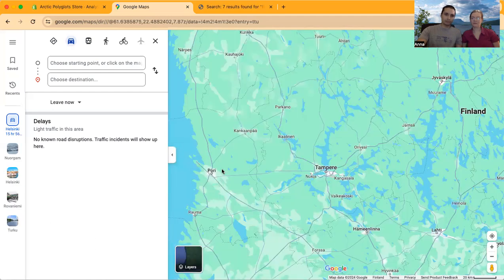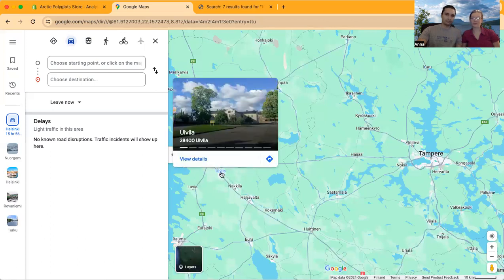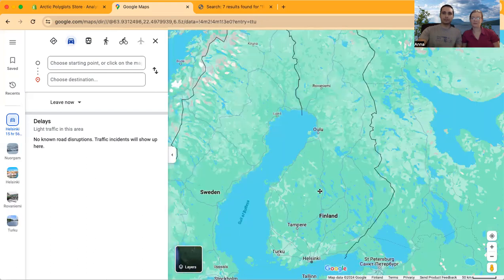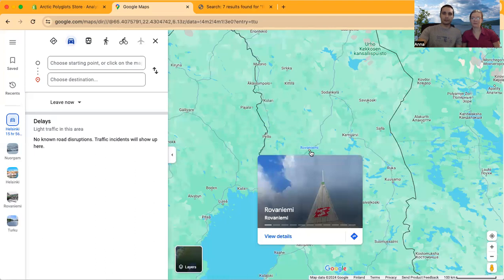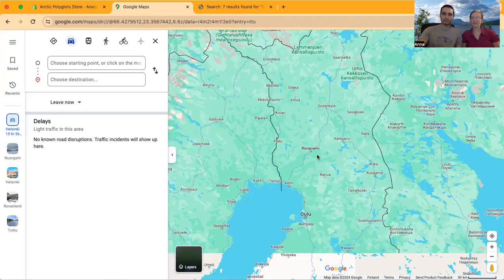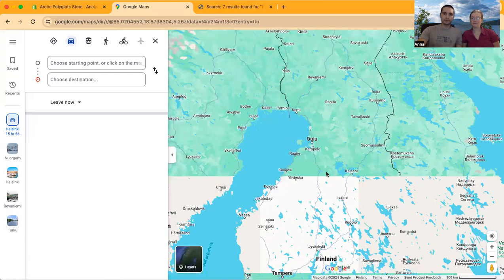Then we lived together a while in Helsinki and then near Pori in Mouhijärvi. And currently we live all the way up here in Rovaniemi, which is the biggest city in Lapland. So yeah, that's my background.